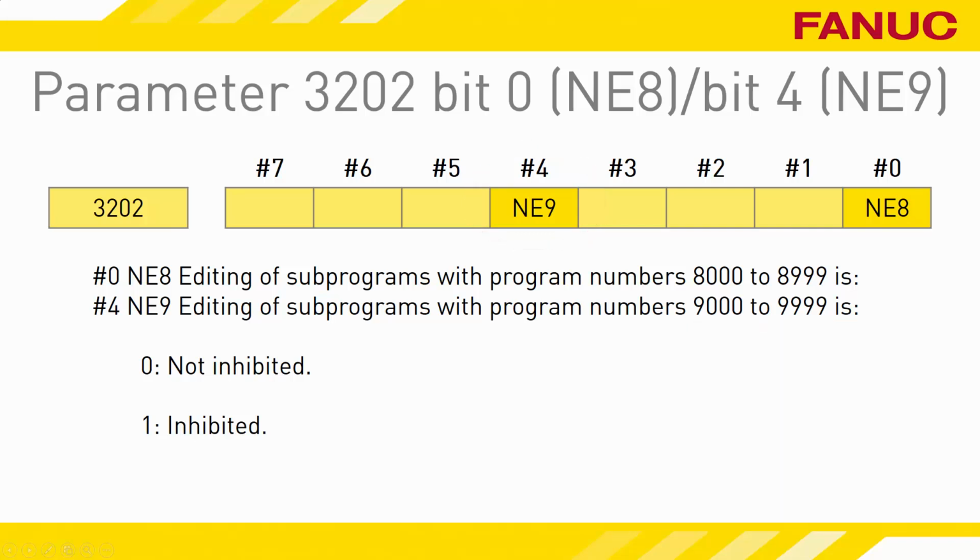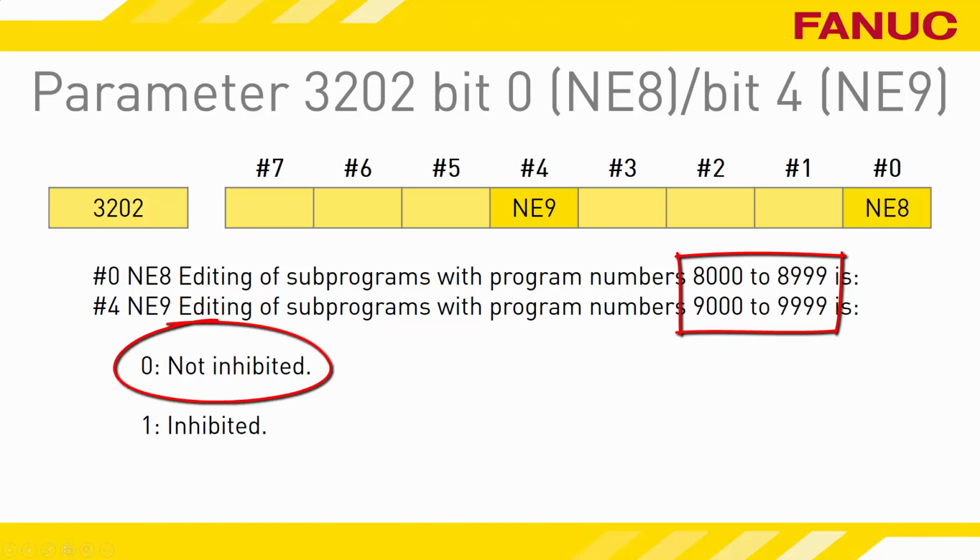Machine tool builders often restrict access to the subprograms in the range 8000 to 9999 because they are used for probing cycles, tool change macros, and other machine functions, and they must not be accidentally deleted, overridden, or modified. These files are essential to the machine operation, so they must be backed up. So both parameters must be set to 0, not inhibited.